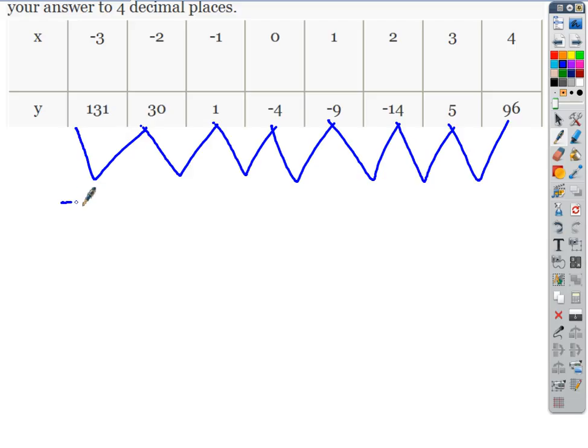Negative 9 minus negative 4. Okay, so I'm adding then if I subtract a negative, right? Negative 14 plus 9. 5 minus negative 14. 15, good, and then 96 minus 5. Okay? All right, let's go again.